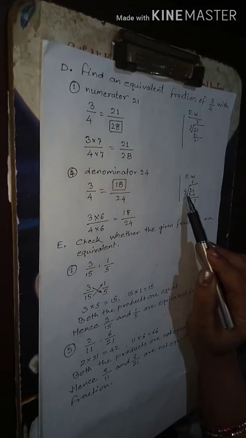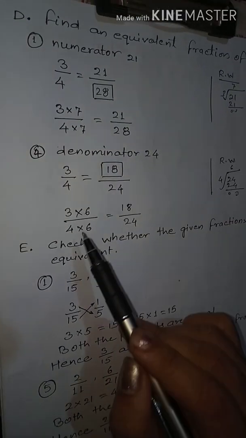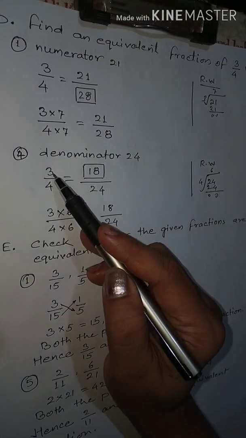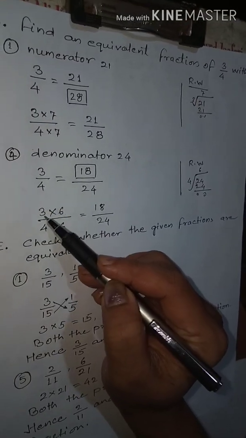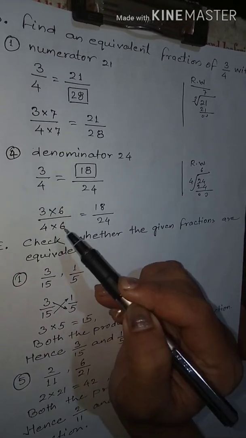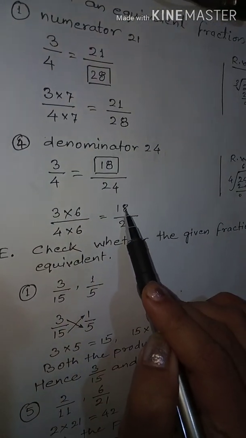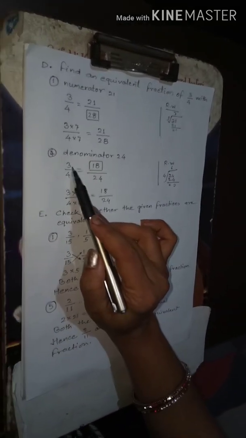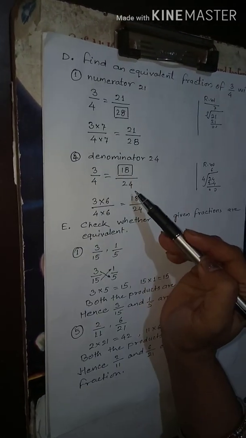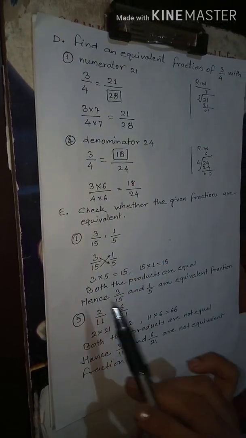So 24 divided by 4. 4 sixes are 24. So we will multiply both numerator and denominator by the same number. So 3 multiply by 6, 4 multiply by 6. So 3 sixes are 18, 4 sixes are 24. 3 by 4 and 18 by 24 are equivalent fractions.